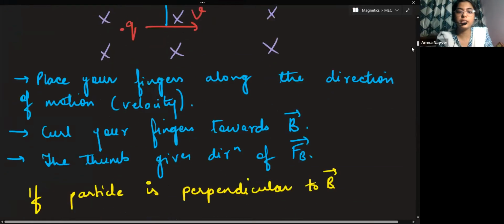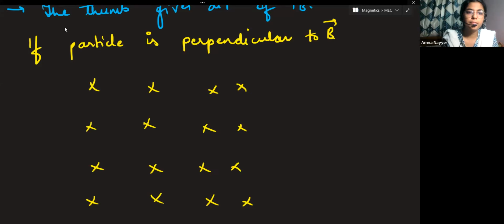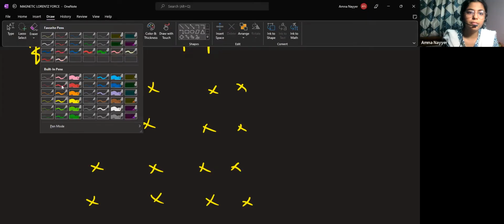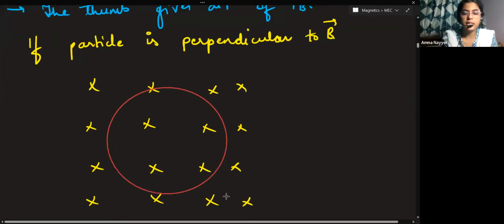So let's say this is the direction of motion of the charge, velocity v.